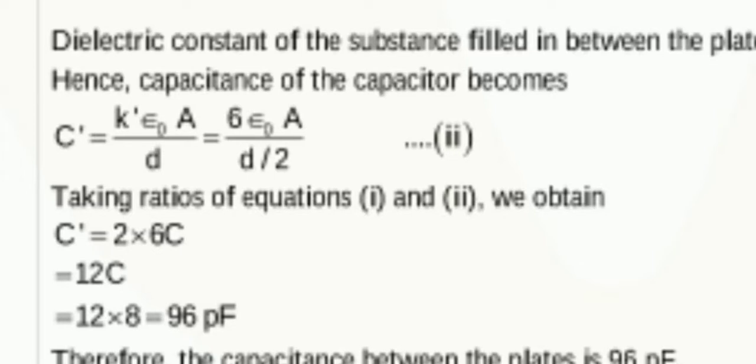We will get C dash by C is equal to 12, or C dash is equal to 12C. It's already given the value of C as 8 picofarad. So new capacitance C dash is equal to 12 into 8, which is 96 picofarad. So the capacitance in the new case is 96 picofarad.